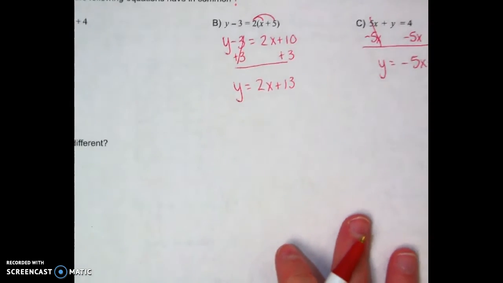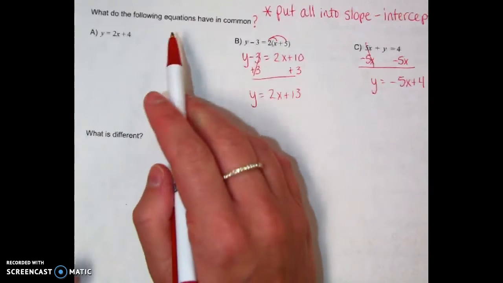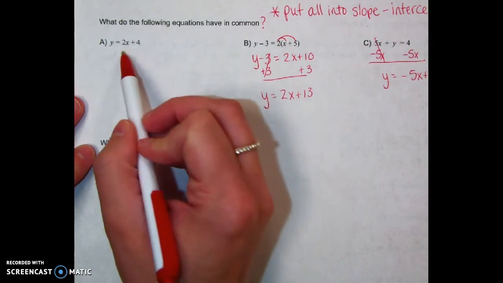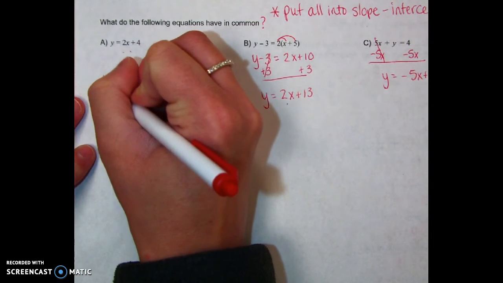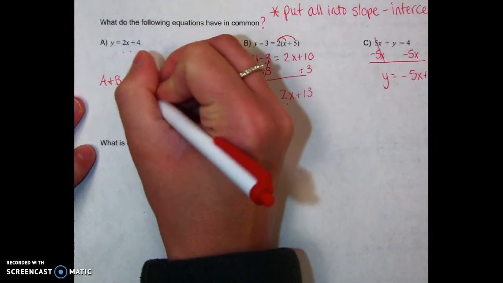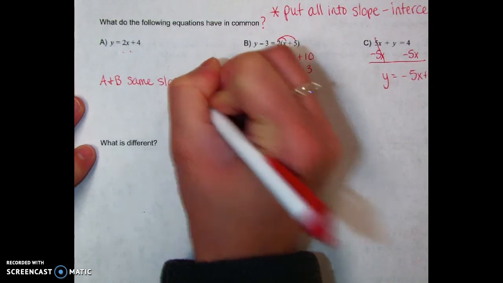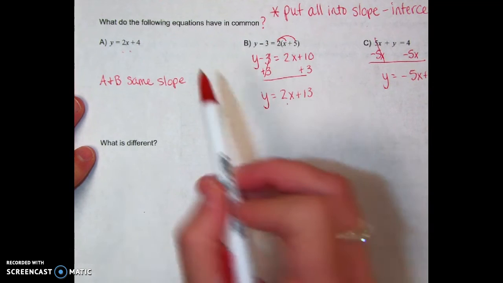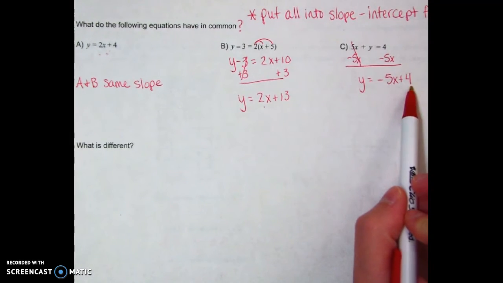So now I have my three equations. And up here it says, what do they have in common? So if you look, A and B have the same slope. A and C have the same y-intercept.